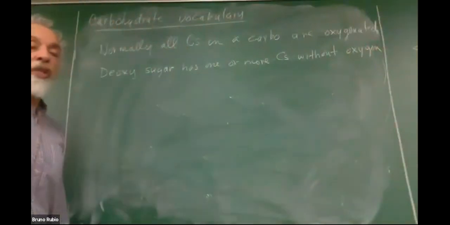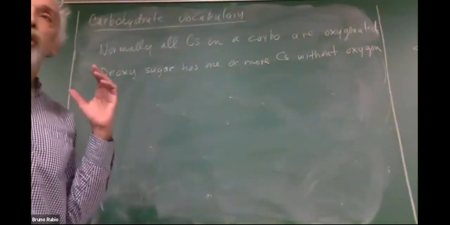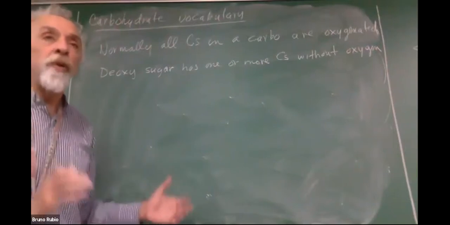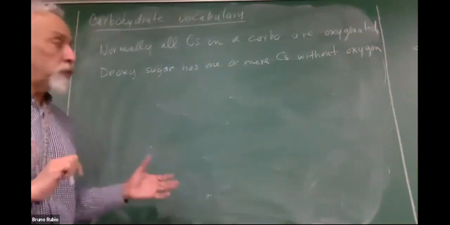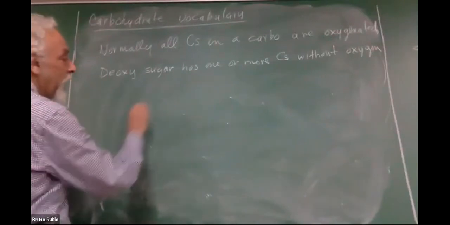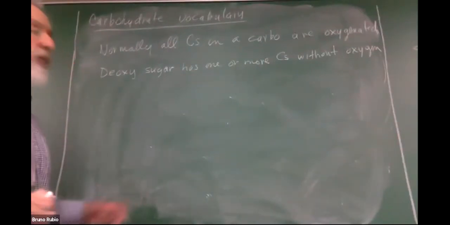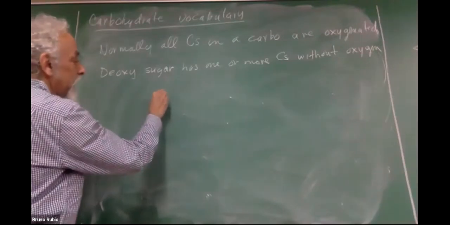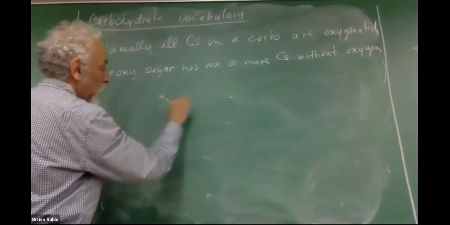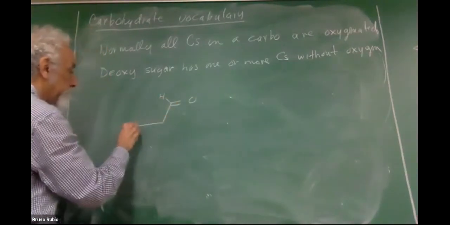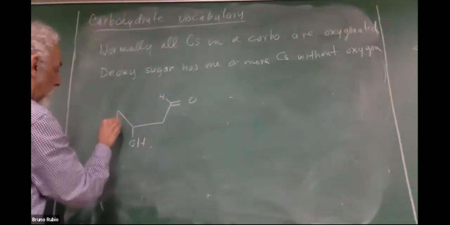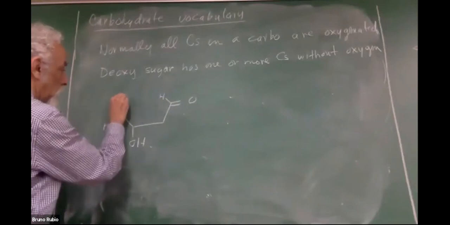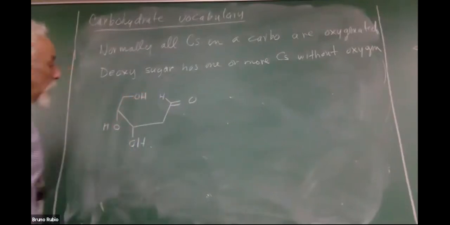Okay, the most important, and this is an extremely important molecule, the most important deoxy sugar is deoxyribose. So deoxyribose, this is the carbohydrate residue in DNA. Deoxyribose structure is this. Okay, so I didn't draw it as a zigzag, but it doesn't matter.